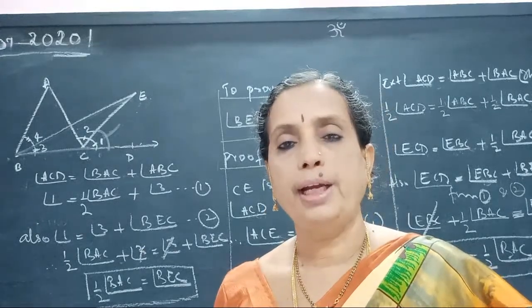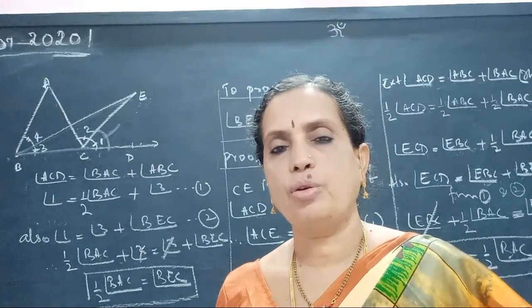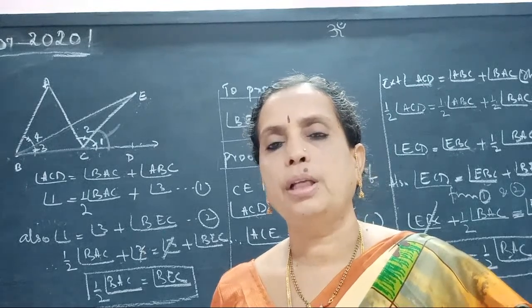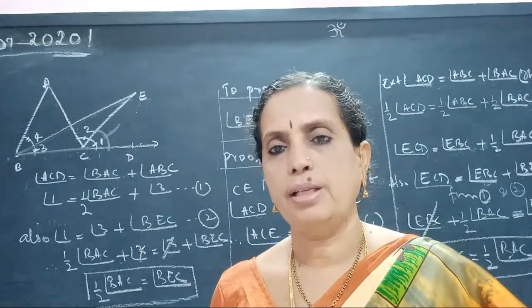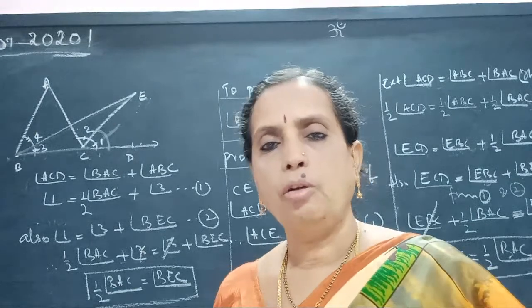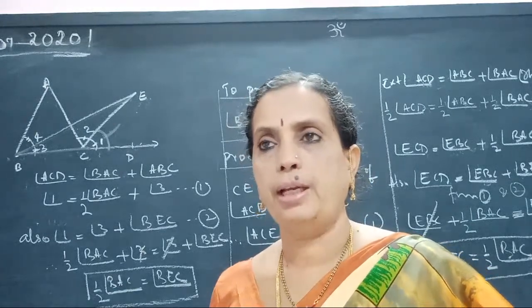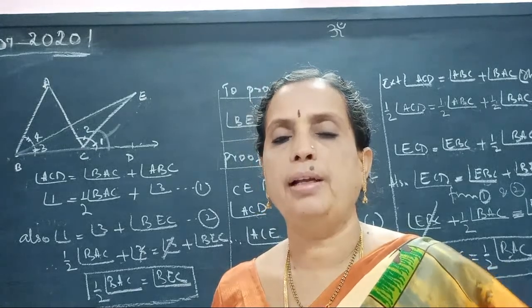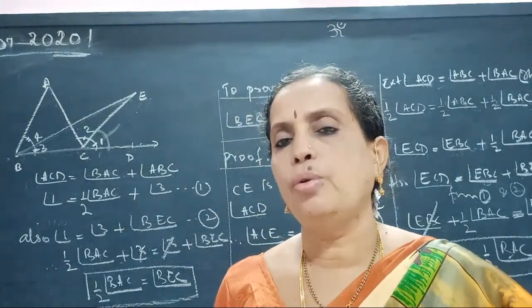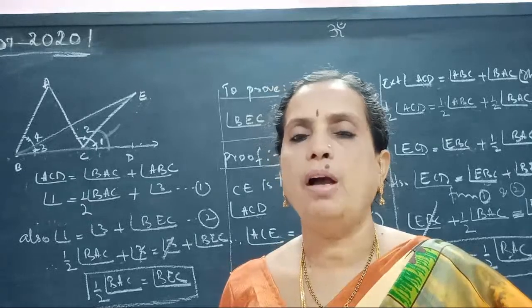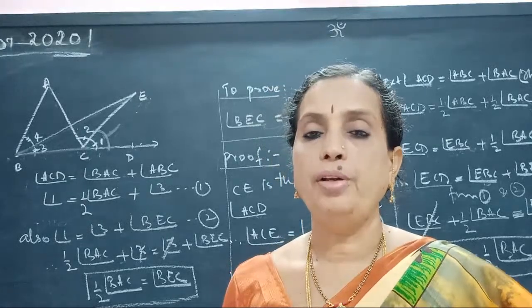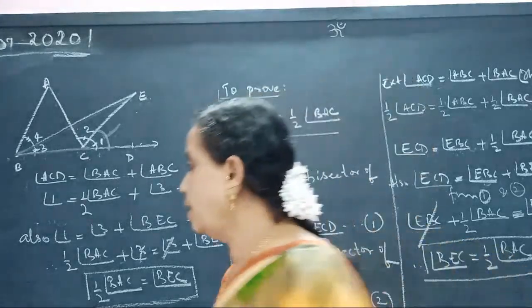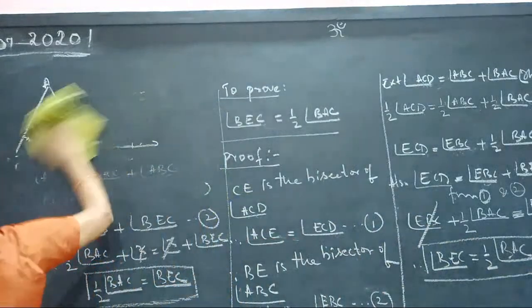I'll read it. The first part of this question is you have to prove theorem 6.7, that is the angle sum property. No problem, I'll explain it once again. Later, they have mentioned the angles of the triangle in terms of x. Using the angle sum property, we have to find out the value of x. Take this theorem 6.7 proof.